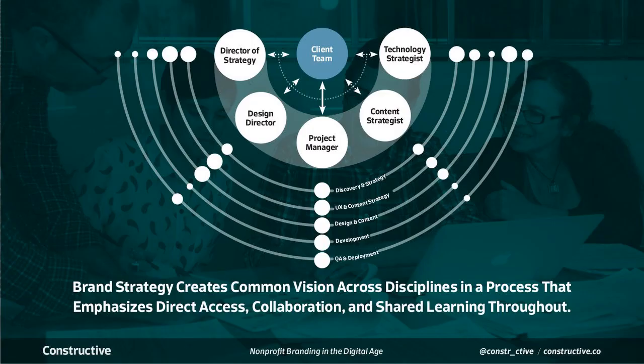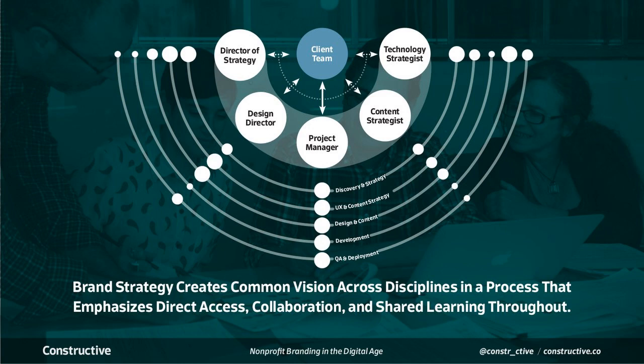And so what I've put here is an example of how we work process-wise, just to give a sense of how this might work. And it's a long process, and we can't go into an enormous amount of detail here. But the idea here, when we think about brand strategy creating a common vision across disciplines, is to have a process that emphasizes direct access between the client team and the strategic leads for each of the core disciplines. You've got a director of strategy, someone like myself who's focused primarily on brand, but also has a lot of experience and works in design.